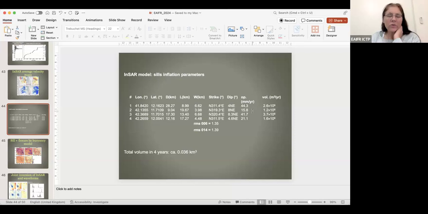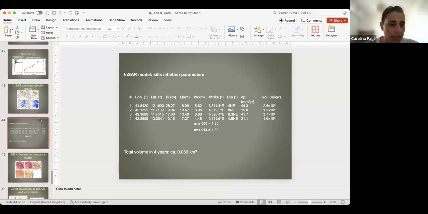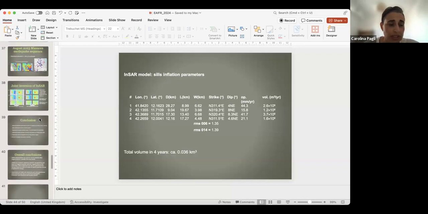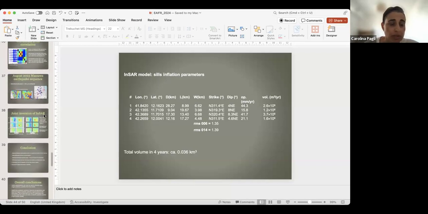Okay. So you're actually not inferring the thickness of the... Yeah, the opening rate is the thickness of the sills. Well, the thickness is in centimeters or millimeters, but it's not a rate. Here we inverted the velocity. So you can multiply by the years. How many years is that? From 2017 to 2021.